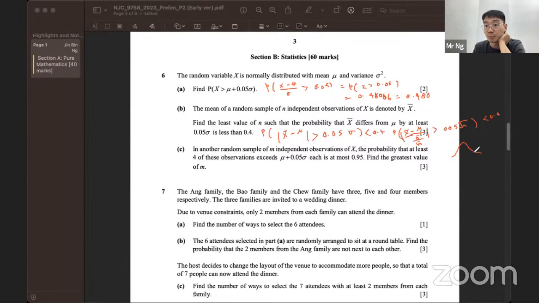Okay, so probability more than, so we are taking the shaded area to the right, which is less than 0.04. So let's say this is 0.04, right? We want anything that is inside, and it will be more than this value.